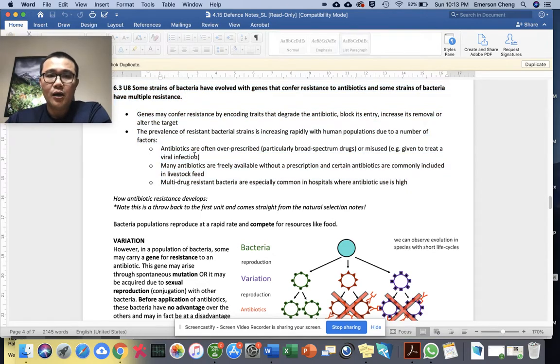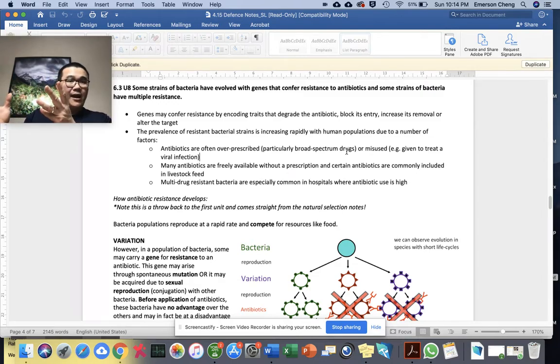Overprescribed antibiotics, especially the broad spectrum drugs, are being misused. By the way, antibiotics generally come in many kinds, but when we're talking about broad spectrum versus narrow spectrum, broad spectrum antibiotics are the type that will kill a large group of bacteria.